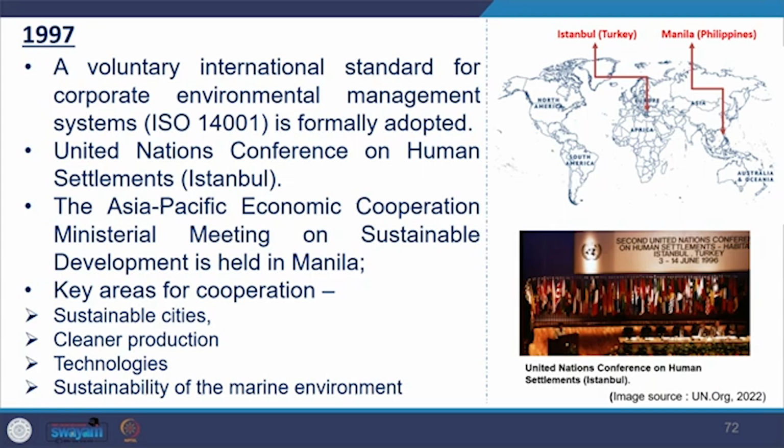So that is also progressing, understanding about linking human settlement with the environment. And then the Asia Pacific Economic Cooperation ministerial meeting on sustainable development was held in Manila. In the Manila Declaration and action program, key areas such as cooperation for sustainable cities, cleaner production and technology, and the sustainability of the marine environment were discussed.